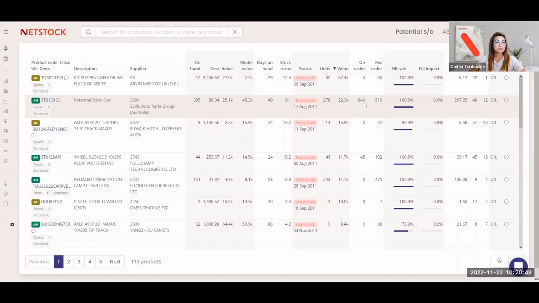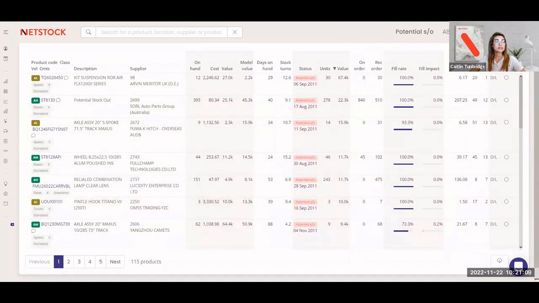So if you're able to expedite or bring orders forward, you can look at what you've already got on order and think about bringing those orders in advance. Or we'll also tell you where you don't have any stock on order, so you should be following up with them urgently. You could also think about sourcing some of these products from your alternative vendor. If you know that you have a local vendor that you can get the product in sooner, then these are the products that you should be ordering from those vendors.